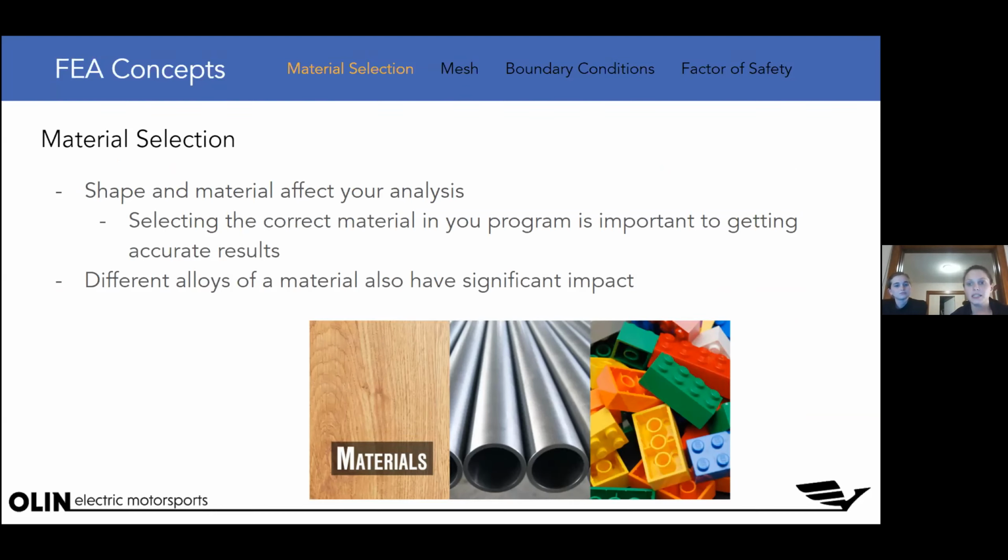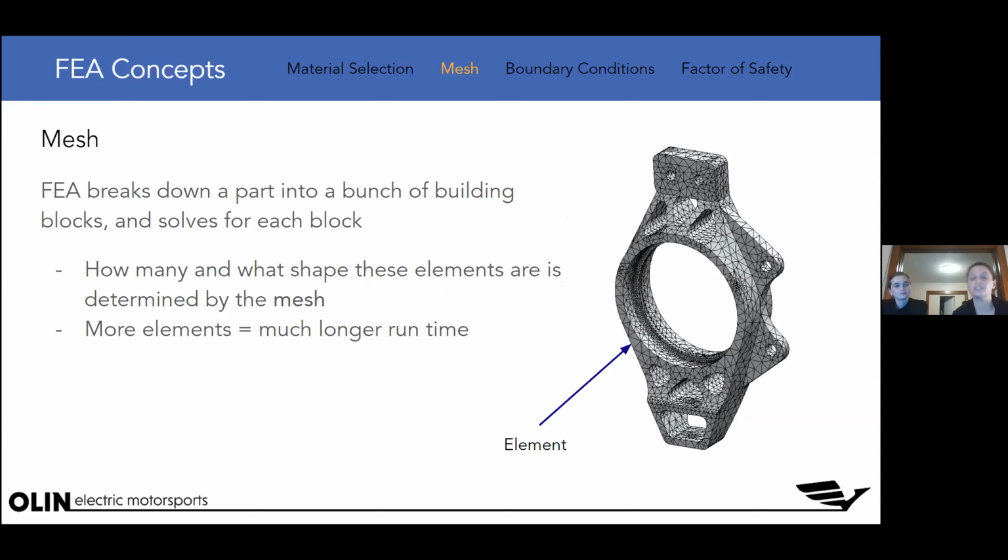So a mesh kind of describes what FEA is in general. FEA basically takes your super complicated geometry, breaks it down into tiny pieces, then solves partial differential equations for each of those tiny pieces, puts them back together, and then solves for how those pieces interact with the ones next to them in that larger part.